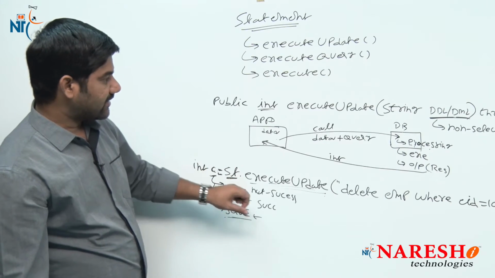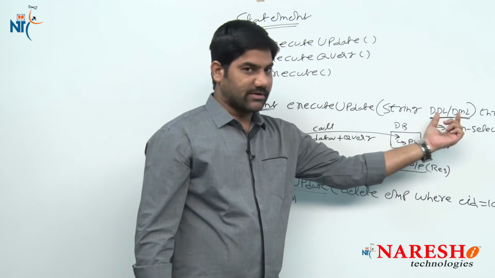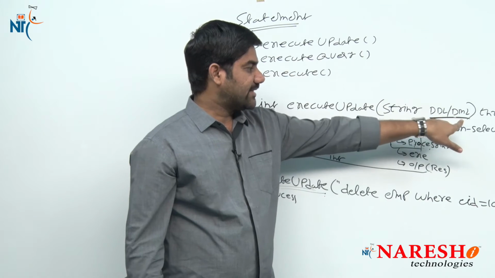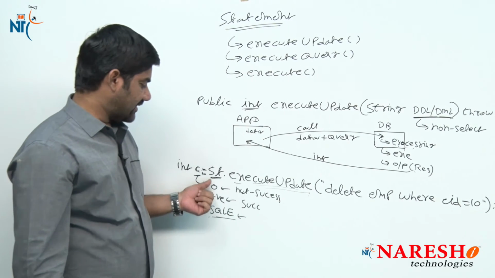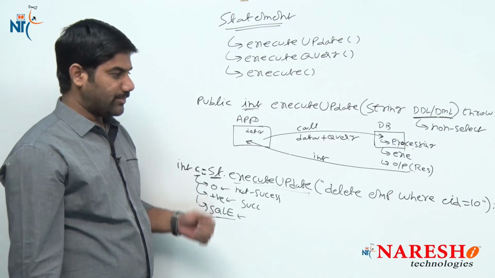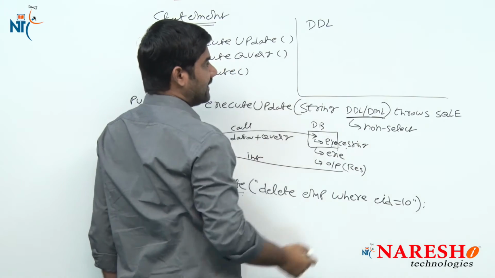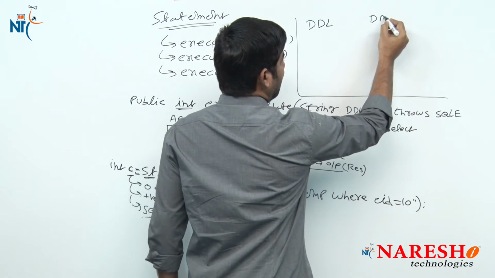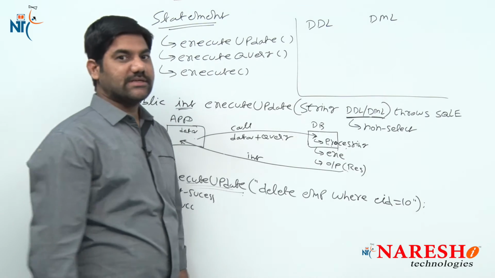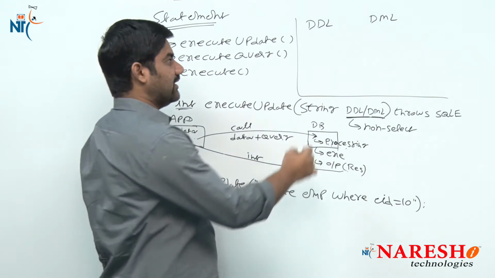Now, I want to apply the same point to all types of queries. Depending upon the type of query, the returned value is going to change. For example, here we have DDL commands and DML commands. Basically two types of commands are available.